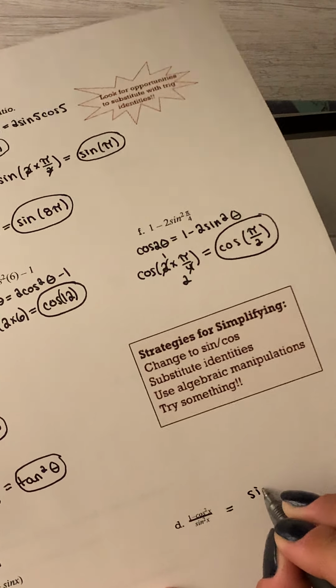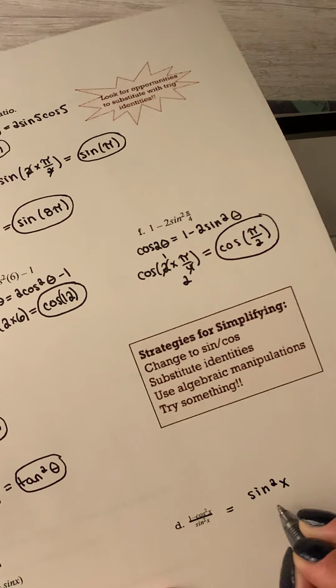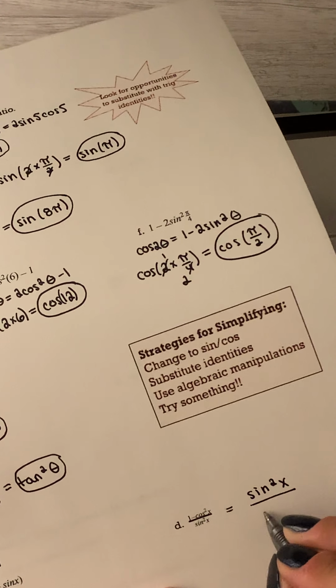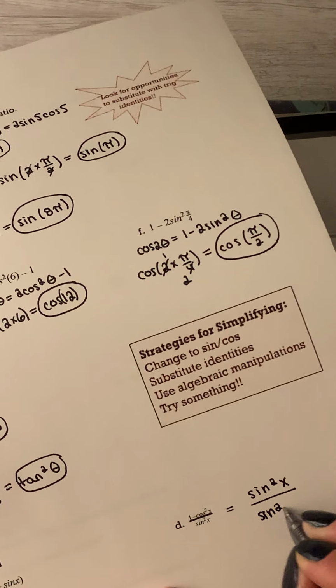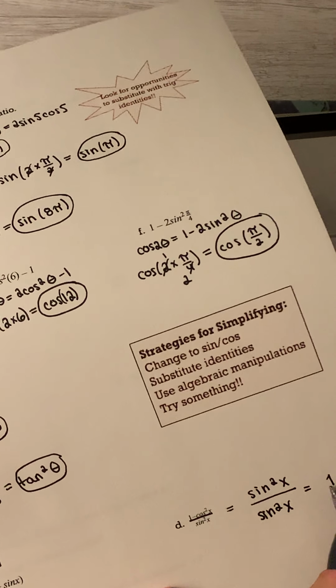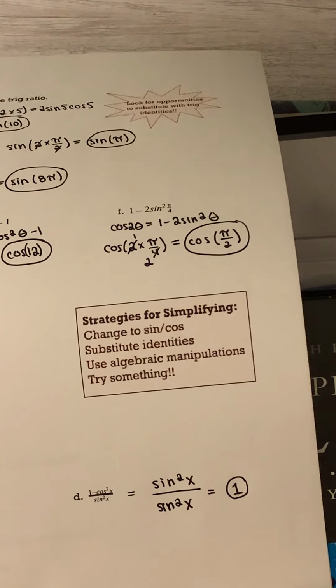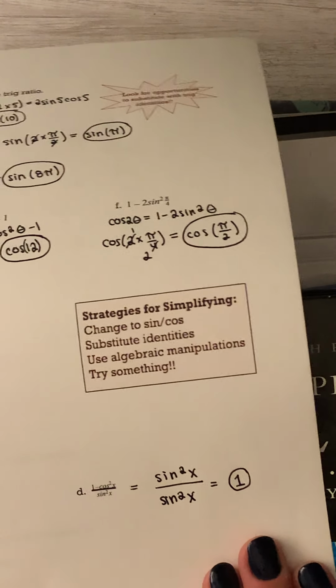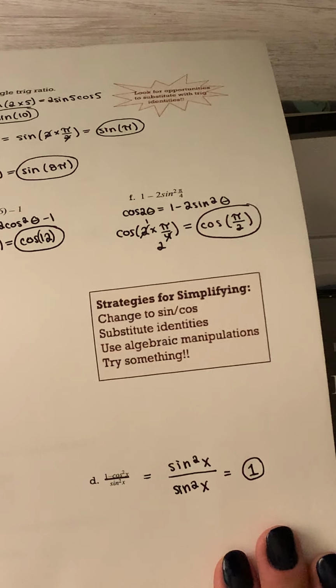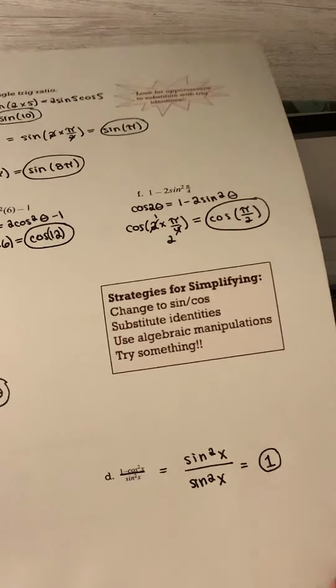So we know that's going to be sine squared x, and we already have on the bottom here a sine squared x. So that's just going to come out to equal 1, that's one term, and we're good. That's all we have to solve for.